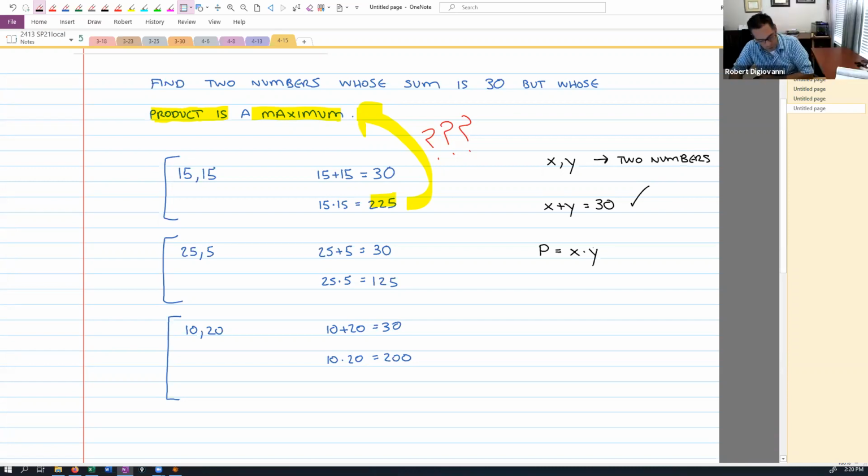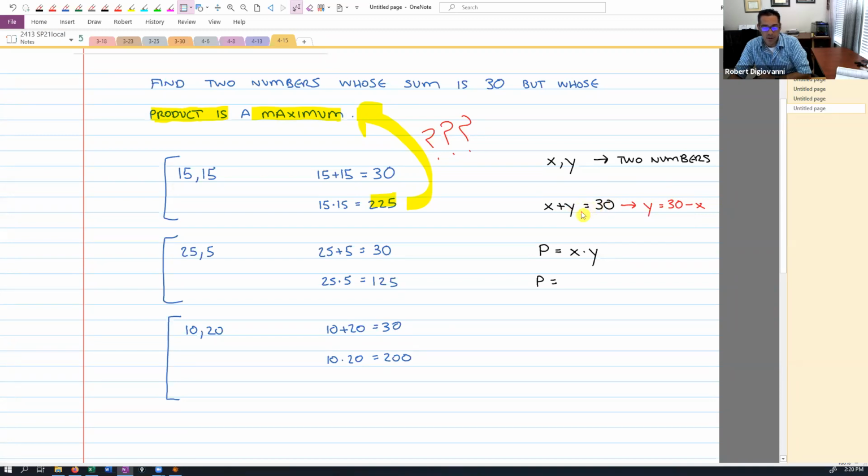Do you also agree that I can rewrite the product? If x plus y must be 30, do you agree I could rewrite this as y equals 30 minus x? So I could solve this for y.